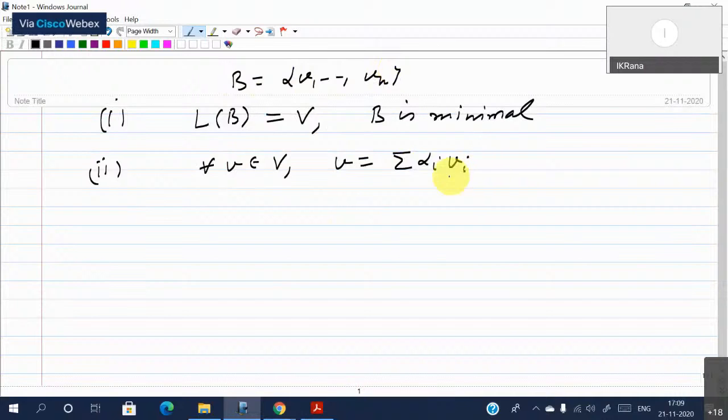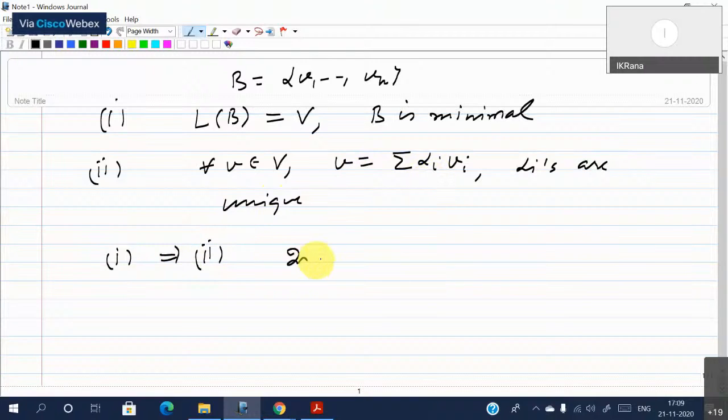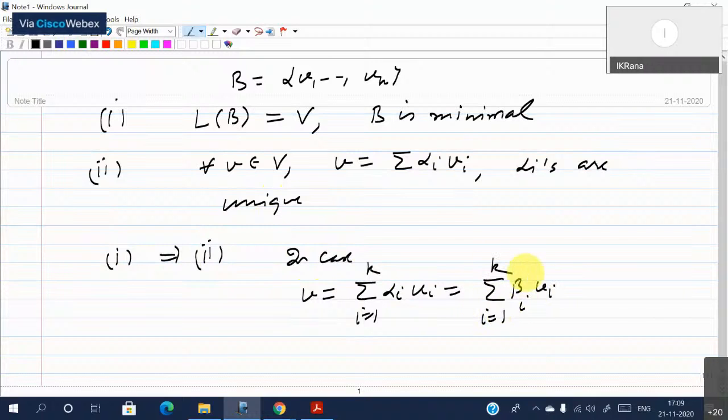And it has a representation, and alpha is unique. Okay. So let us say how does one imply two, right? So if the representation is not unique, so in case v is equal to sigma alpha I Vi, say I equal to 1 to k, also equal to sigma beta I Vi, I equal to 1 to k.